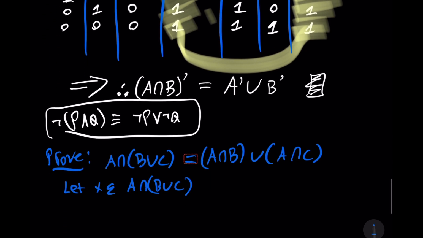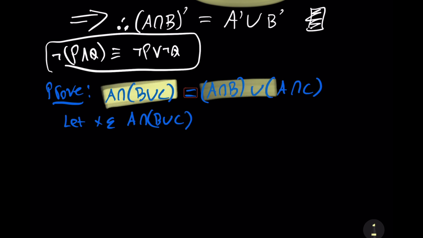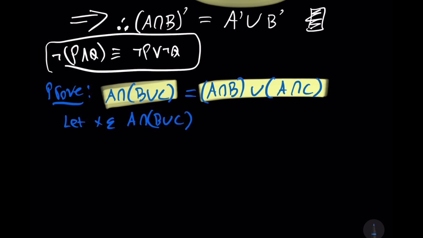So what we're going to do is prove that this left-hand side is a subset of this right-hand side, and this right-hand side is a subset of this left-hand side. So we're going to do a direct proof.